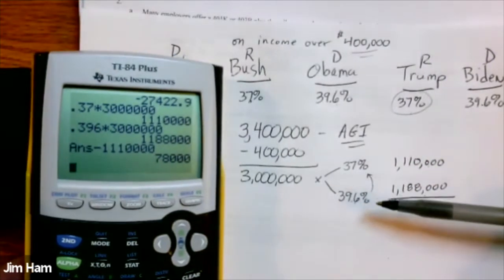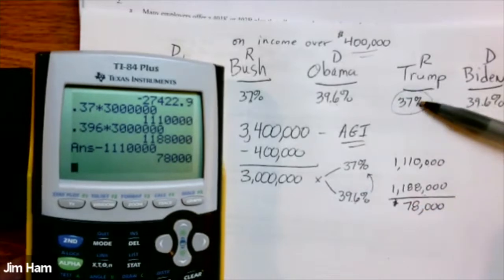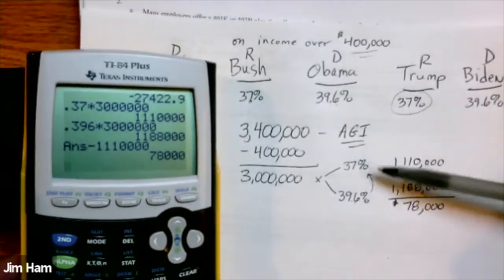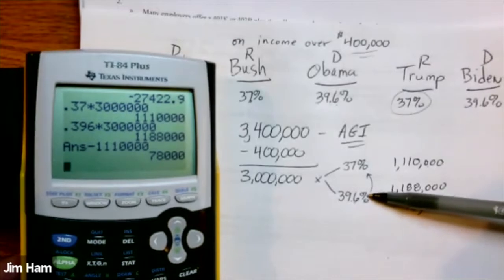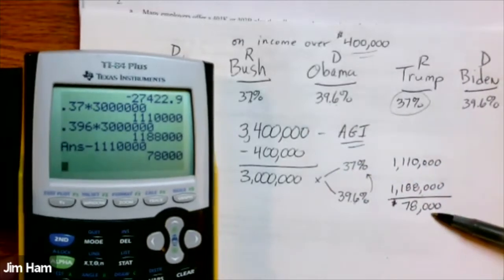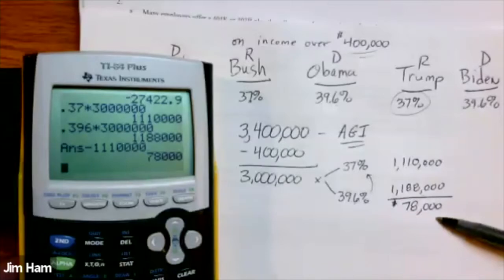In the year 2018, when the new tax law began, when President Trump and the Republicans changed the upper tax bracket from 39.6% to 37%, somebody making 3.4 million just got sent a check for $78,000. Now, most Americans don't make $78,000, but that's what someone making $3.4 million just got in a tax refund, basically.